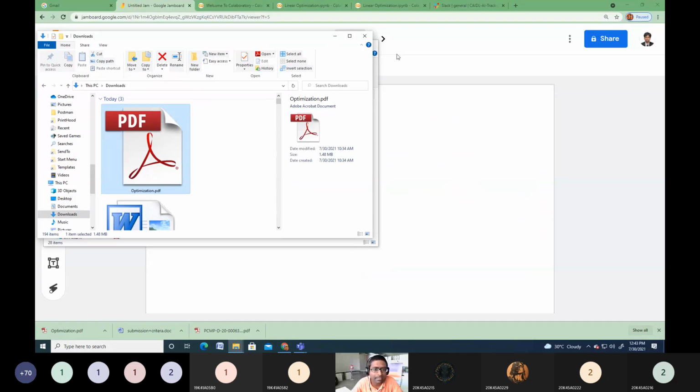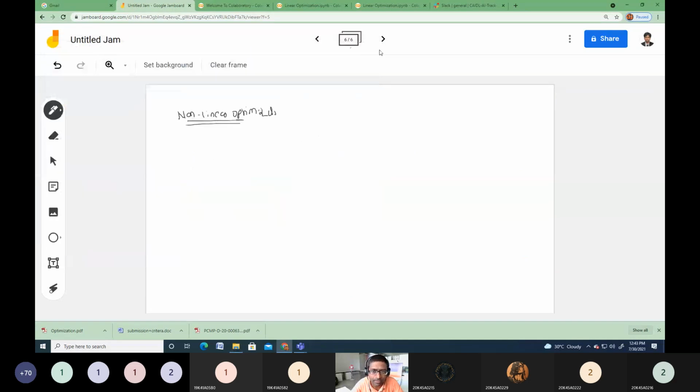So what do we mean by a non-linear optimization problem? In a non-linear optimization problem, your objective function should be a non-linear function of your decision variables x, y, and so on. Whereas constraints are optional. For your problem, they may exist, or may not exist.